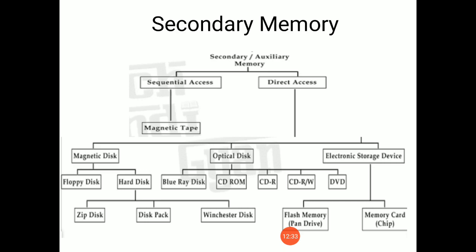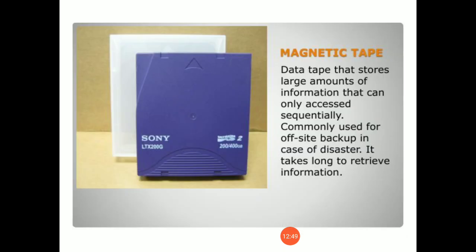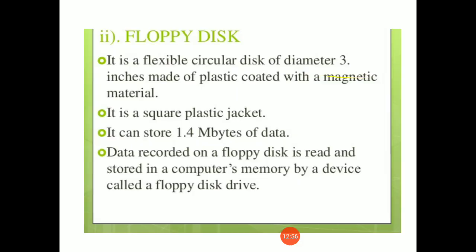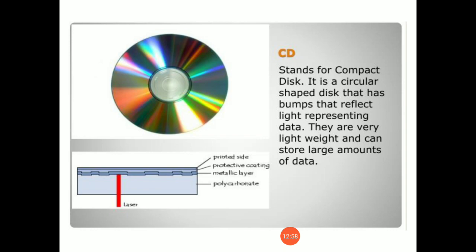In sequential access memory we have magnetic tape, and in direct access memory we have everything that we are discussing here, that is hard disk, floppy disk, CD-ROM, Blu-ray, DVD. And the overall classification is in terms of magnetic memory and optical memory. Till now we have discussed all the types of magnetic memory. Now we will be discussing optical memory, and here is CD.